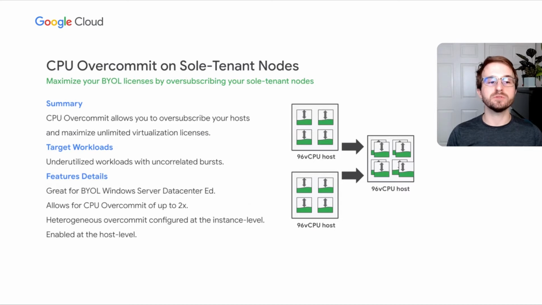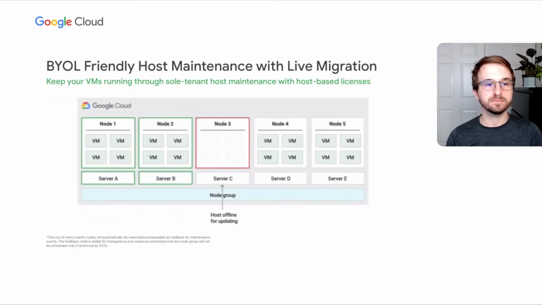If you've got a Windows Server Data Center Edition or another license that provides unlimited virtualization, that license covers a physical host and all virtual machines running on that host, regardless of how many VMs there are. If you use CPU overcommit, you can pack more virtual machines onto the host, allowing your licenses to go further. Now, this is only appropriate for workloads that aren't sensitive to being overcommitted, but there are many such workloads in the Microsoft space, like virtual desktop workloads.